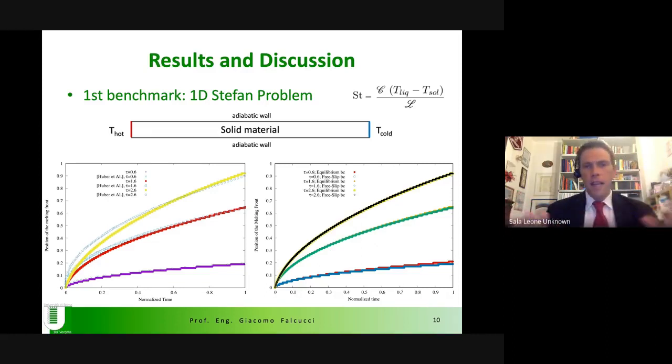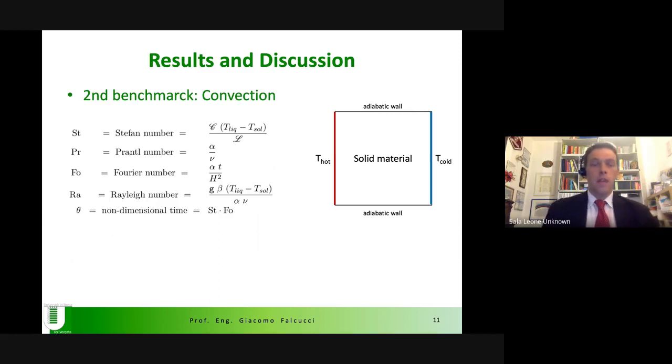This is just a very vanilla step of our validation, and so we moved to the second benchmark, convection, which is a much more complicated environment, since you see here we have many non-dimensional parameters that govern the dynamics of the melting in this cell.